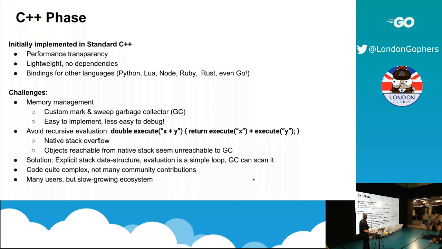So this next point, the most intuitive way to implement something like this in an expression language, you can imagine if you're trying to write a calculator that works on doubles, you would do x plus y by first evaluating x, storing the result of that, then executing y, storing the result of that, then adding them together. But in C++, if you imagine extending this to the whole language, you can get stack overflow because you're doing this recursive execute call so much.